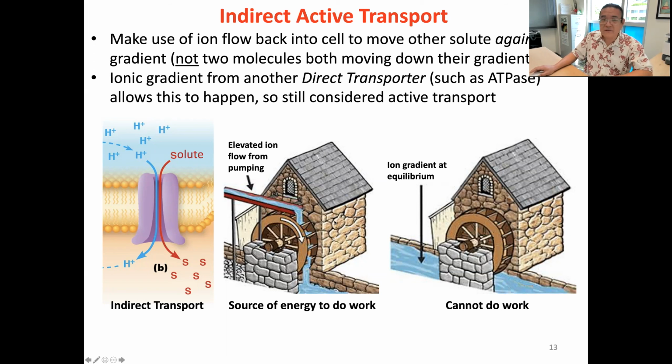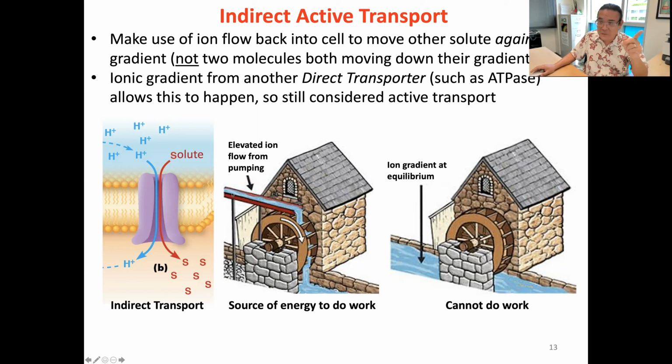This would be an example of indirect active transport because it is tapping into a gradient that was set up. Gradient meaning, in this particular case, the water somewhere else that you don't see in this cartoon had to be raised up in the first place, into this series of flowing channels or whatever, so that it could then go back down again due to gravity to drive work.